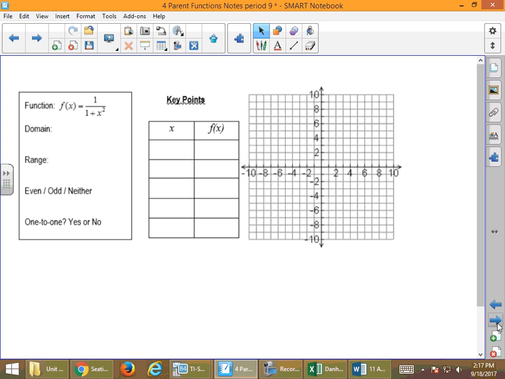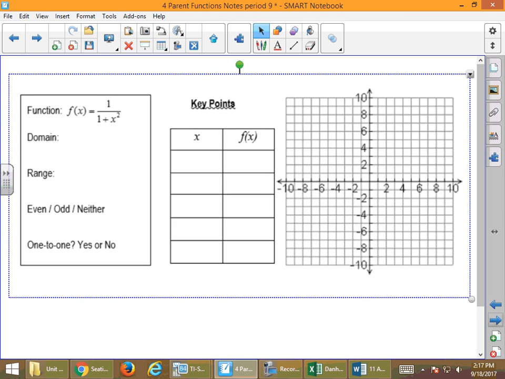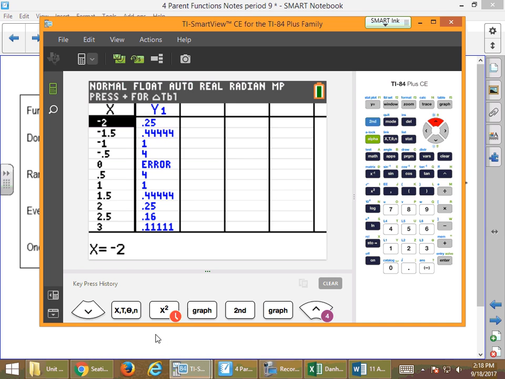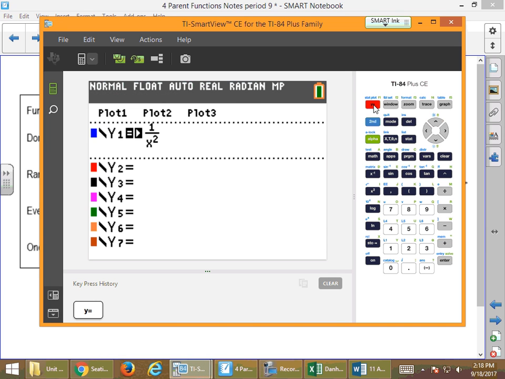The next one is very close to it. It's 1 over 1 plus x squared. And let's type it in our calculator. So we go to y equals. Don't have to change too much on here.